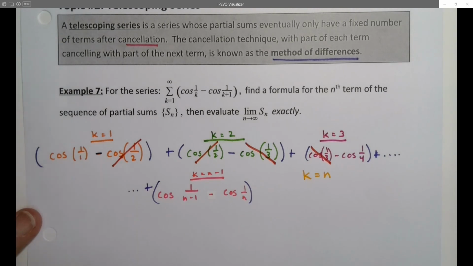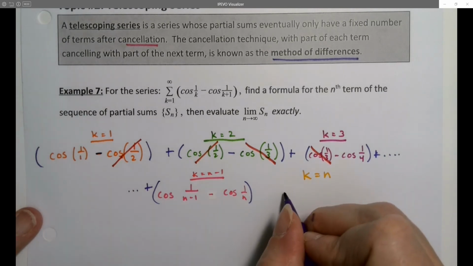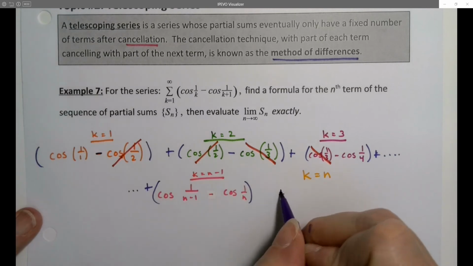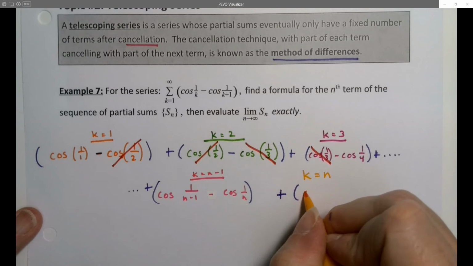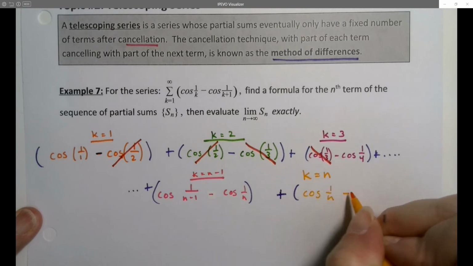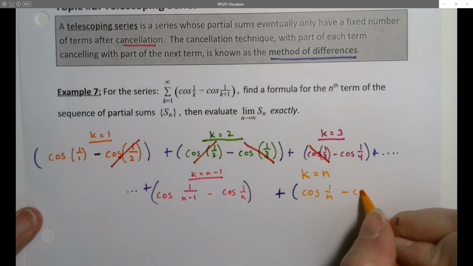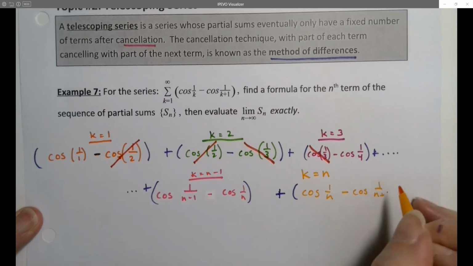So you can see what's going to happen. You'll have plus the cosine of 1 over n minus the cosine of 1 over n plus 1.